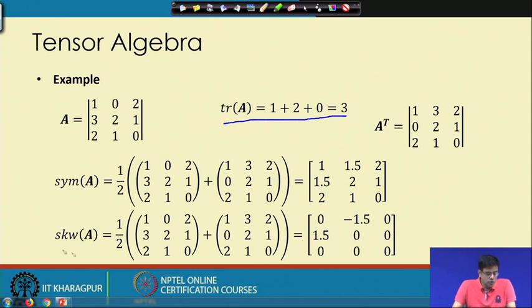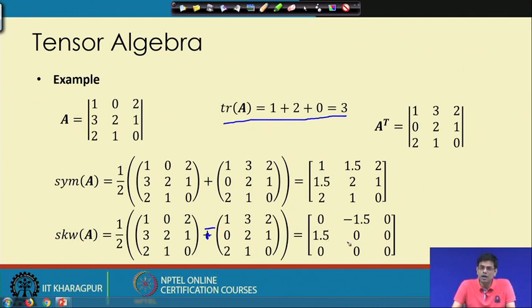Now the skew symmetric part of the tensor. This has to be the negative; this is minus actually. So if I do half of A minus A transpose, then you will see that this is the skew symmetric part of the tensor. Why is it skew symmetric?